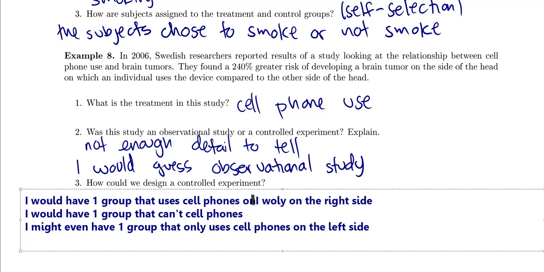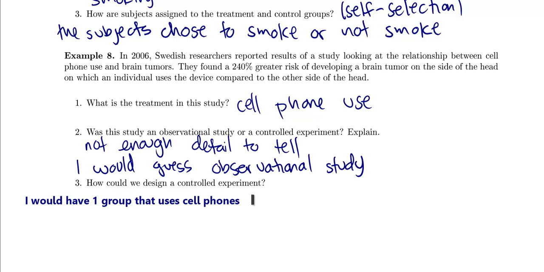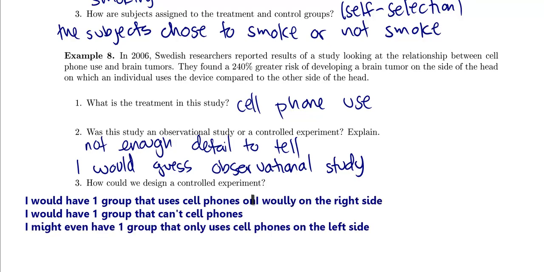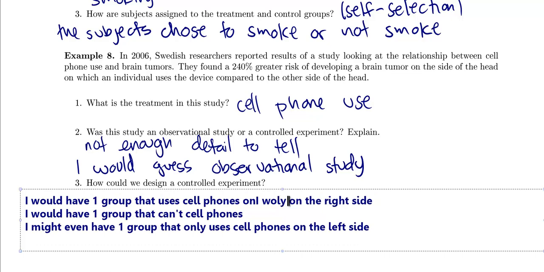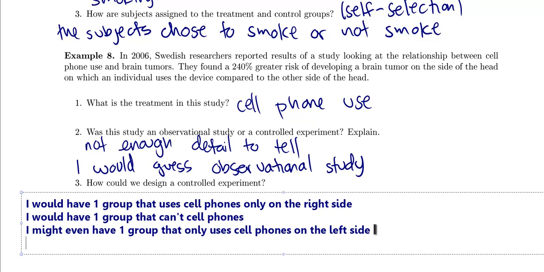And then I would randomly assign people to each group.